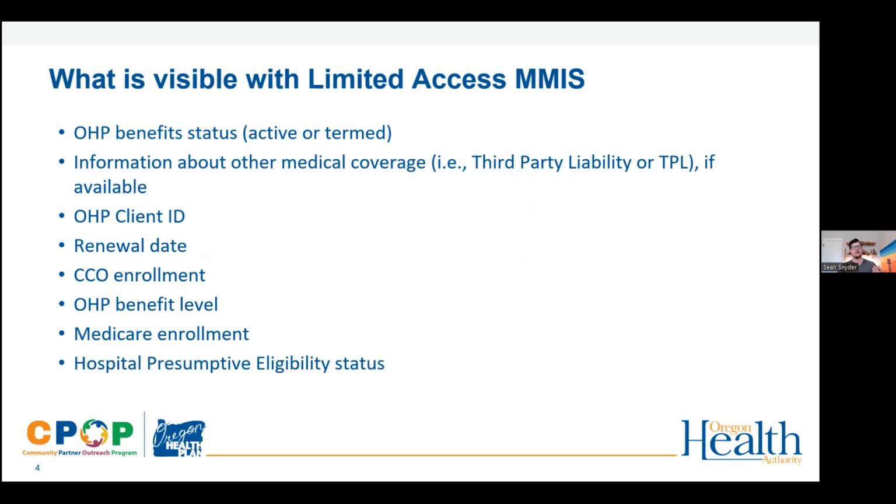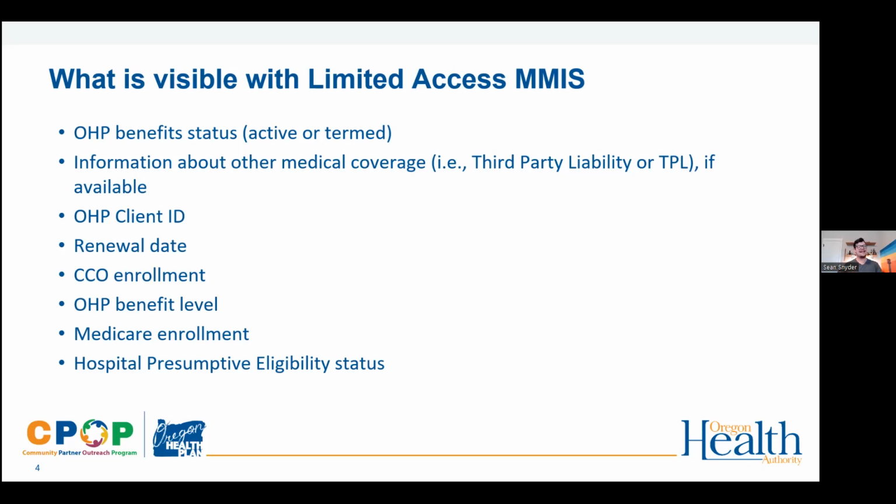So we'll be able to identify and see whether you have OHP benefits, whether they're active or whether those benefits have closed. You'll be able to see whether the person has any other health insurance. That's going to be Medicare enrollments, as well as what we call third-party liability, which is often going to be a private health insurance plan through someone's work.